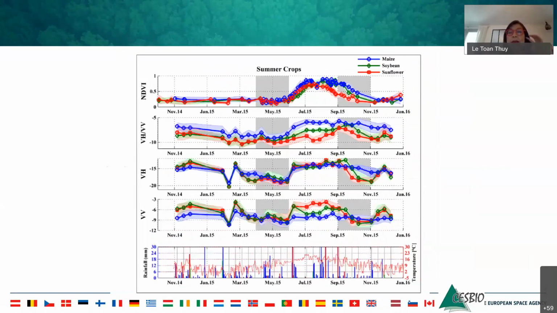And here are the other crops, the summer crops, sunflower, etc. For those crops, for example, they are quite dense, so the VH volume scattering increases with the growth of the plant, and so VH could be used, for example, for crop classification.